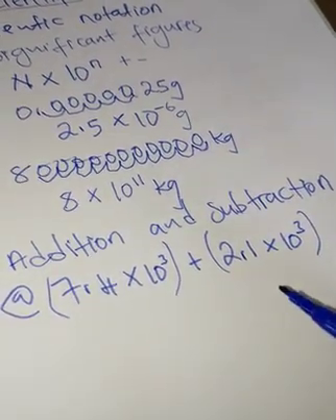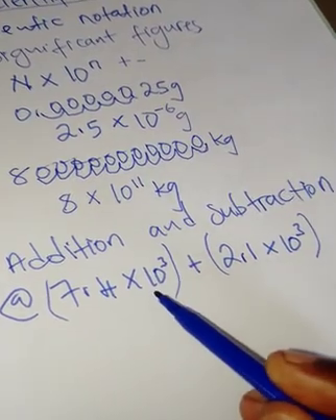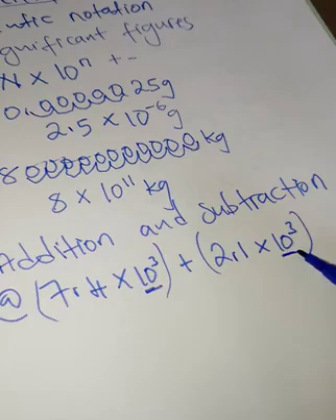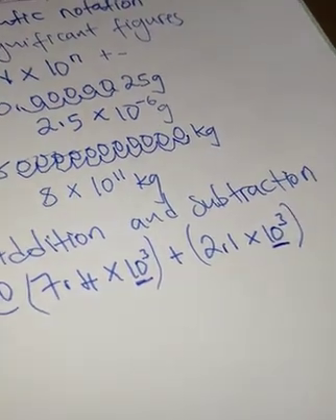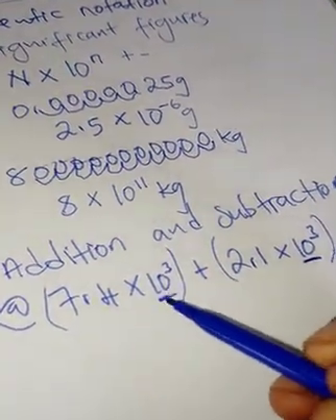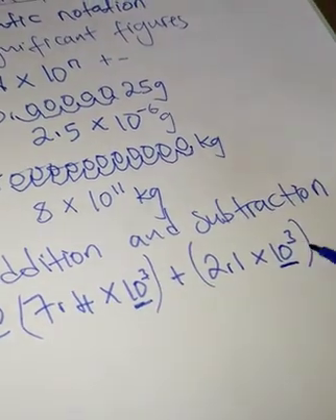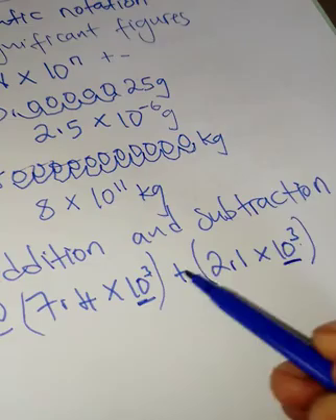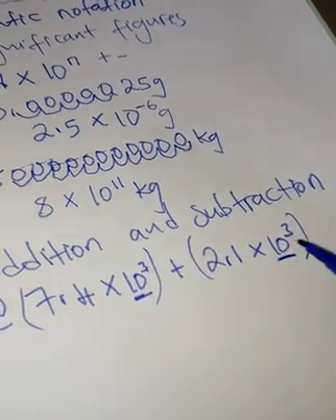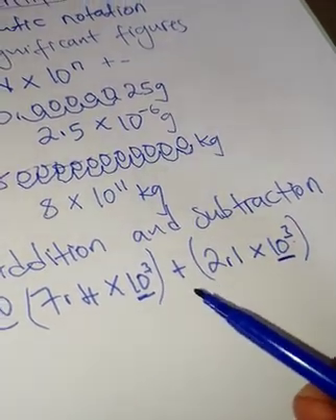The first thing you should do is check the powers on these tens. For this one, it's power 3, power 3. So that's the first thing. You confirm if the powers are the same or they are not the same.